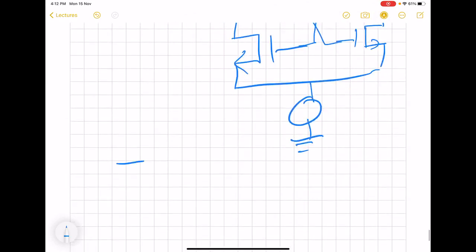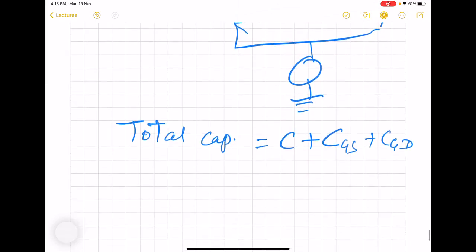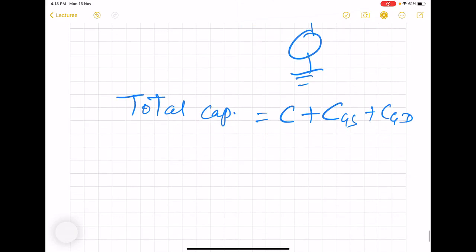We now see that the total capacitance is C, the original C which was present, plus CGS plus CGD. We know that these two capacitors are dependent upon VI.